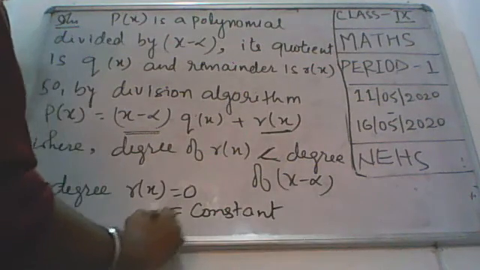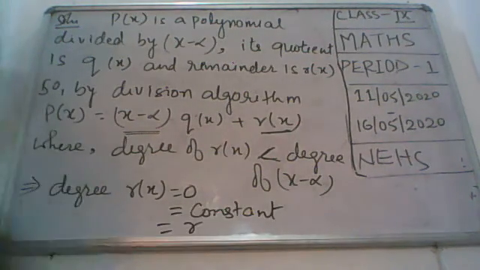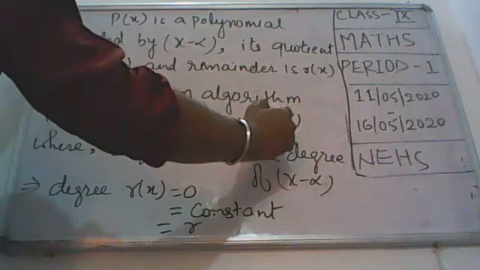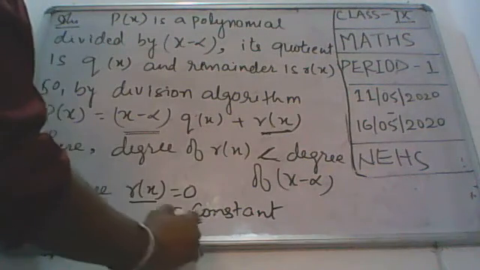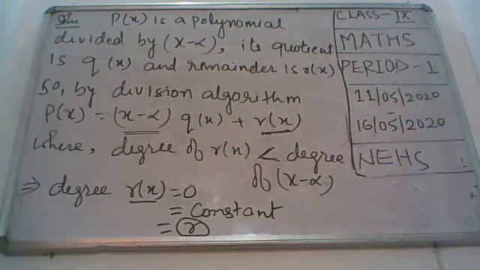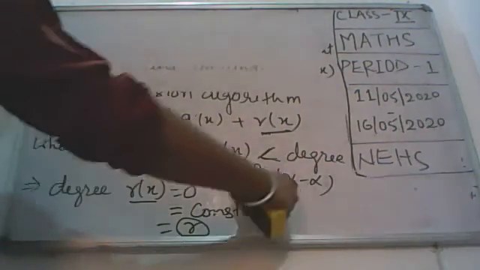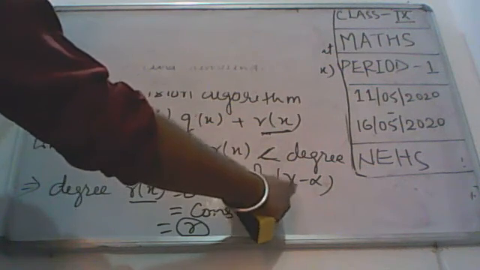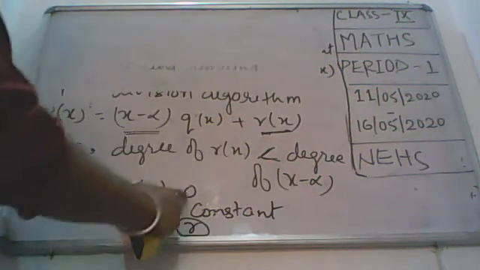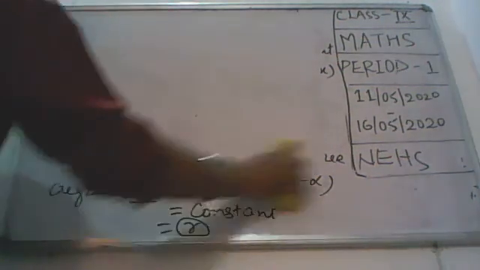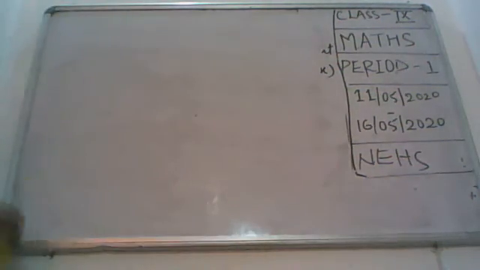So we'll say R(x) is equal to R. So in place of R(x) in this equation, R will come. Understood now why the degree is 0? The divisor is linear, so its degree is 1. Obviously the degree of the remainder is less than 1, and less than 1 is 0. And the degree of a constant is always 0. That means my remainder is a constant, that is R, which I have written here.